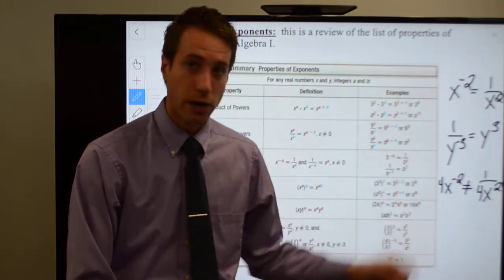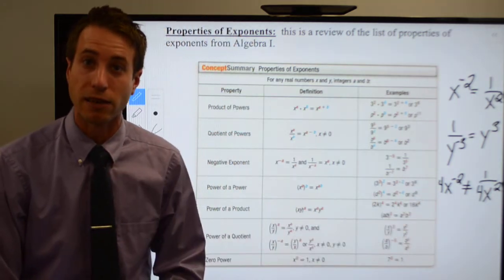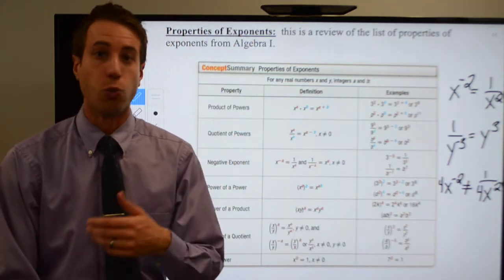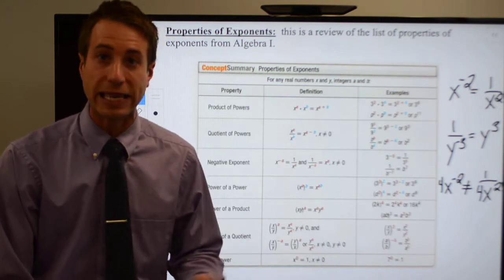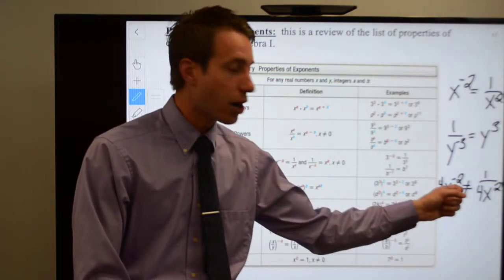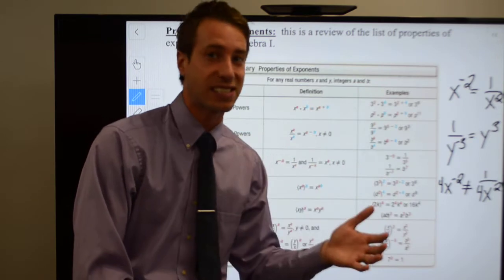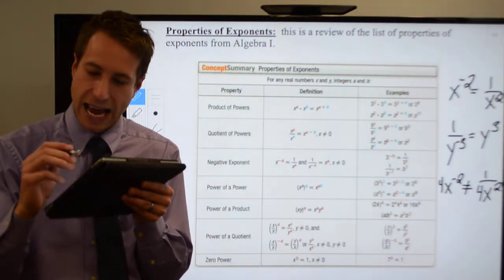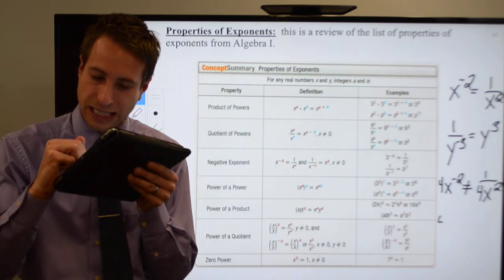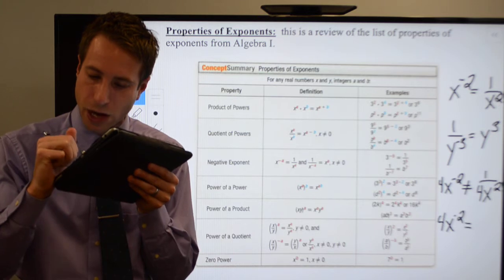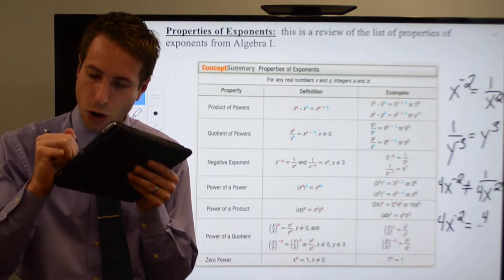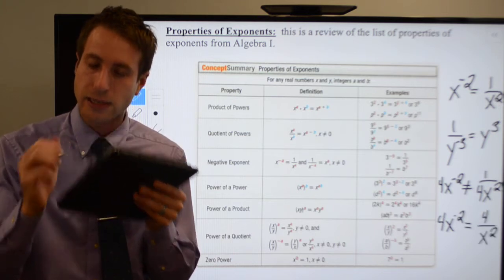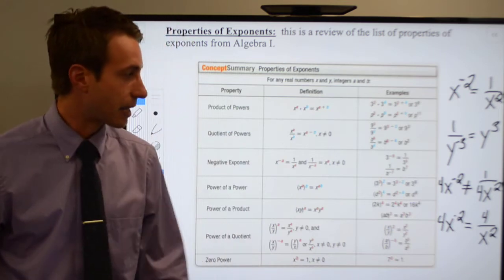The 4 is raised to a positive 1 exponent, which you didn't do anything to. You only changed the sign on the variable. So that 4 cannot go to the bottom. You need to leave it in the top. Please be very, very careful. It would be 4 over x to the positive second power.